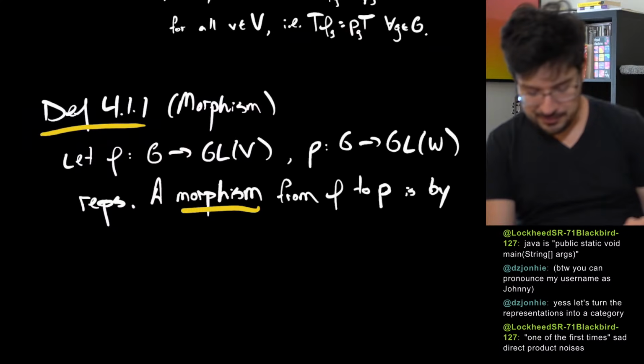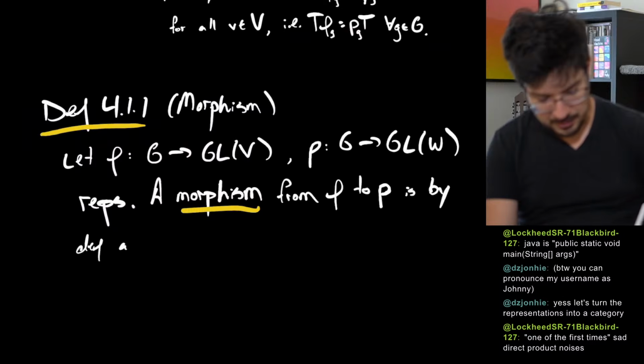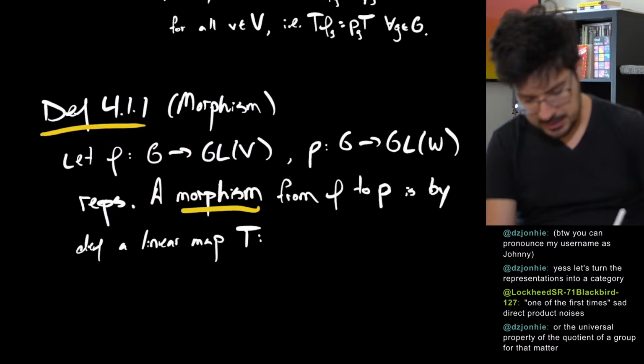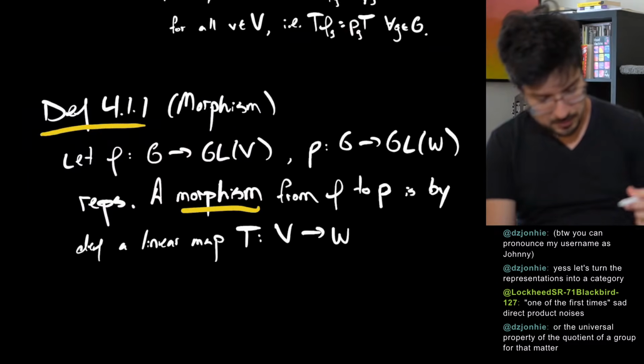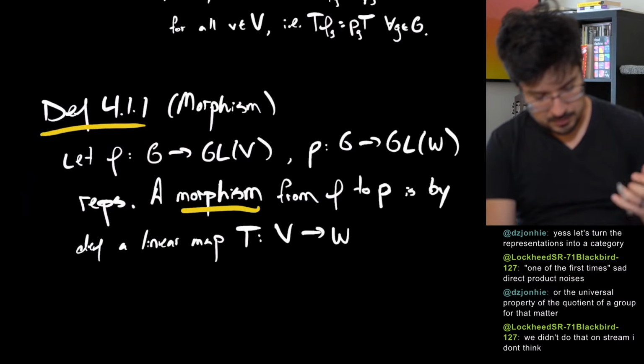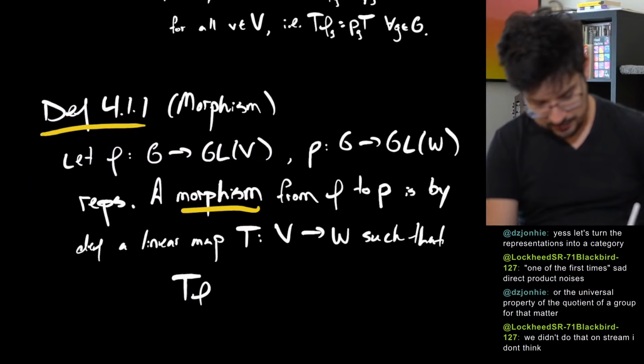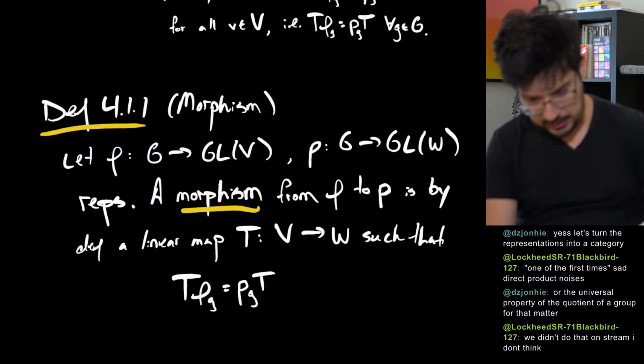A morphism from phi to rho is by definition a linear map T from V to W such that T phi(g) equals rho(g) T for all group elements.